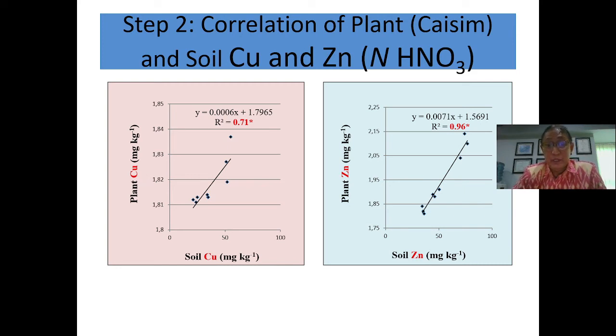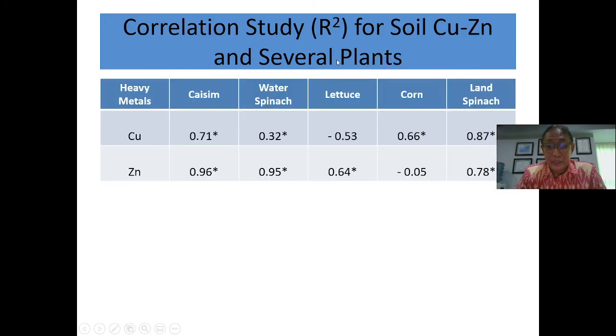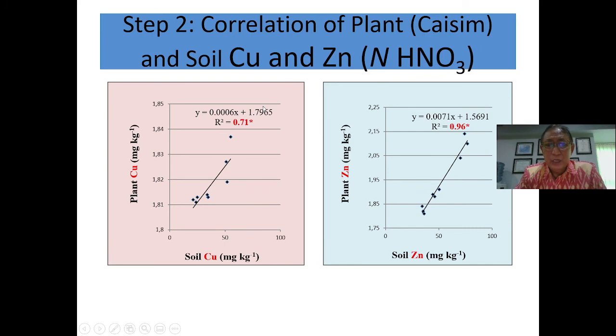You can see that for Caisim here, we have the correlation between soil copper and plant copper about 0.71. And for zinc, we have the correlation coefficient 0.96, which is much higher.